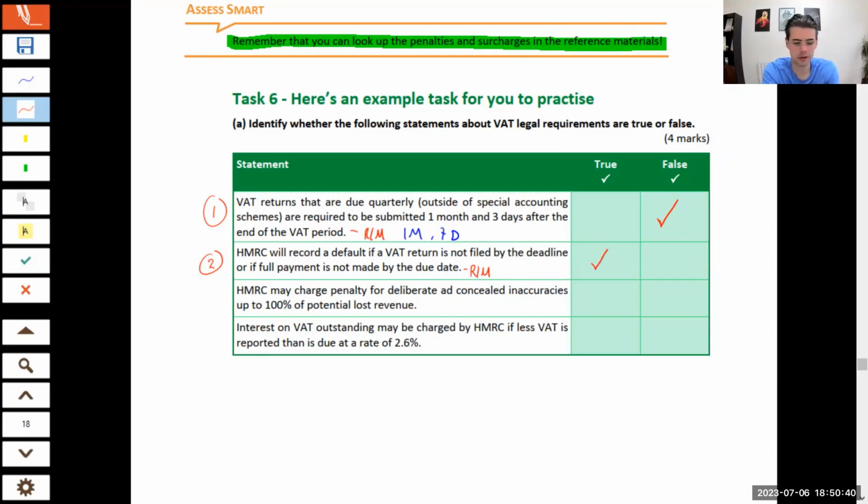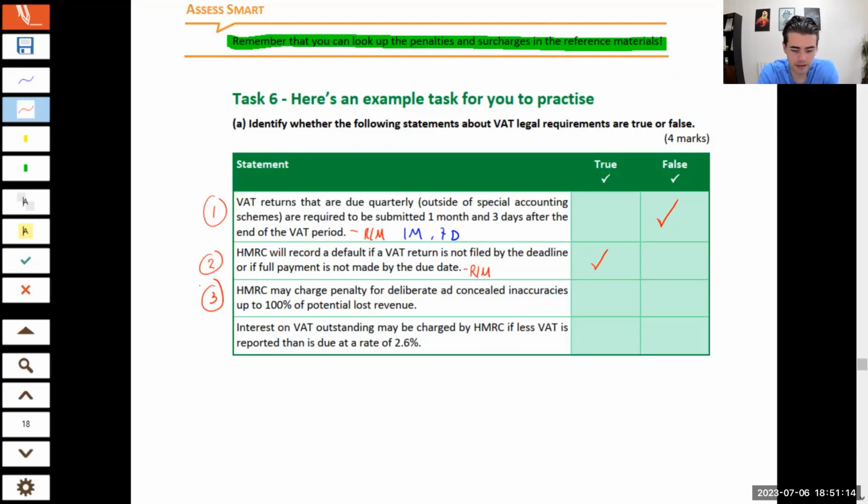Thank you, reference material. Number 3: HMRC may charge a penalty for deliberate and concealed inaccuracies up to 100% of potential lost revenue. Somebody was having a bad day when they wrote this mock, as that should say penalties or a penalty. Spelling mistakes aside, let's reread that.